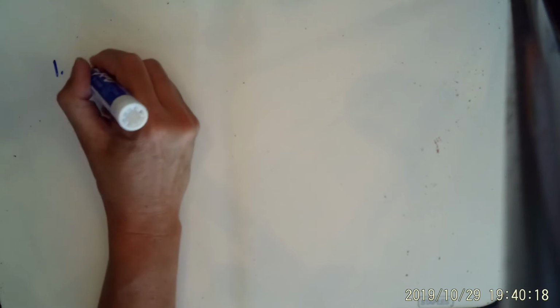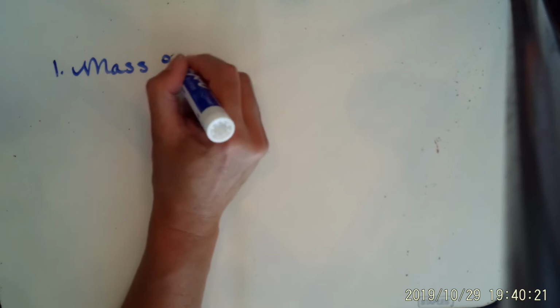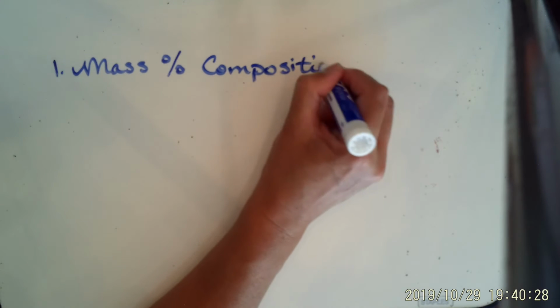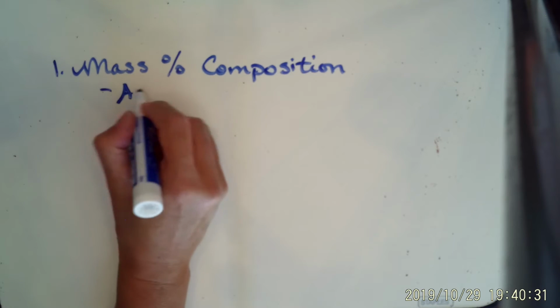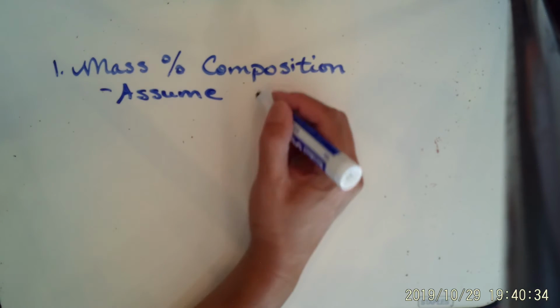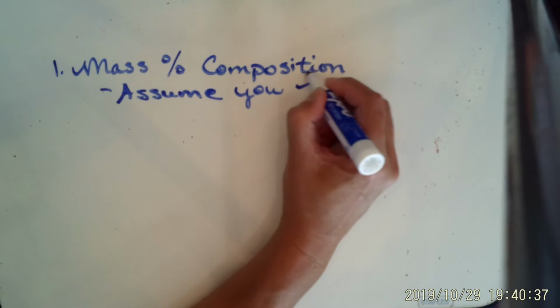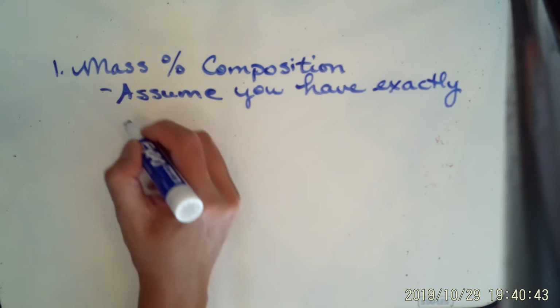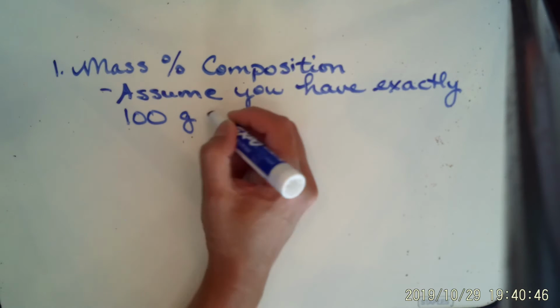If you start off with mass percent composition, because that's what we had just been calculating, then what you're going to do is assume you have exactly 100 grams of your sample.